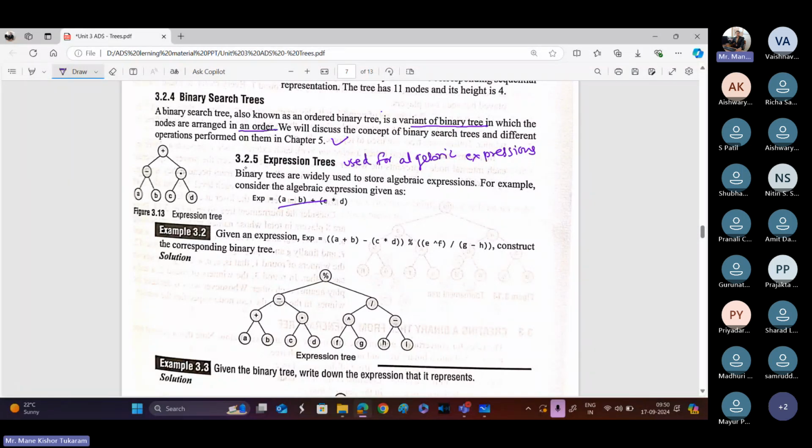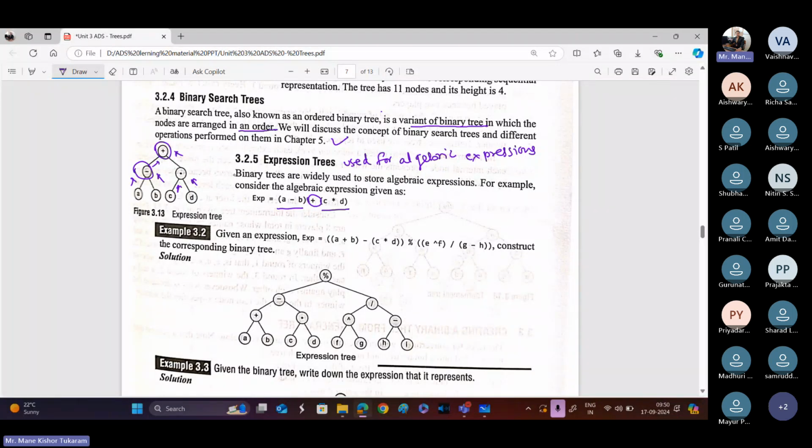Suppose I want to represent the operation like A minus B, C into D. So this is the minus sign, then C into D, and this is again the plus sign. In this way, we can represent the tree.